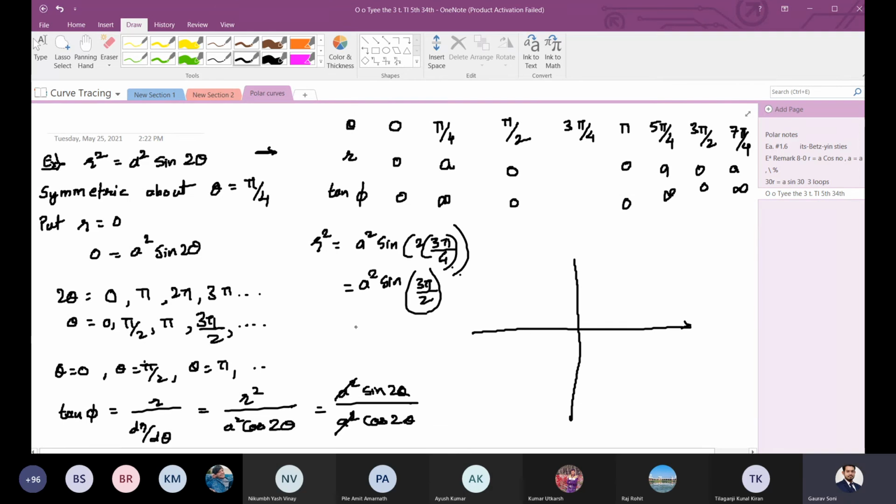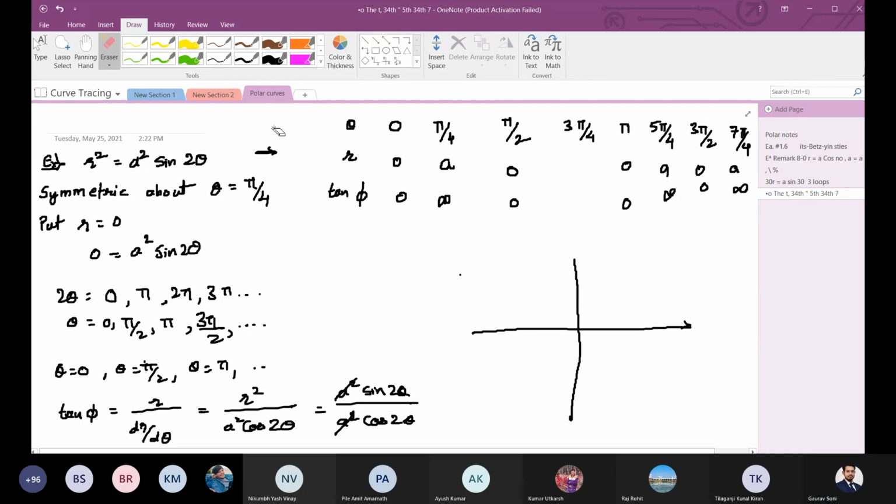Sine 3 pi by 2 is -1. r square is equal to minus a square. Is it possible? No. This has no solution. That goes in the region of absence, right? Yes or no? Yes. So I'll put a dash over there.